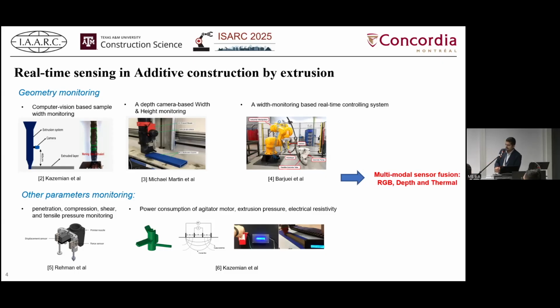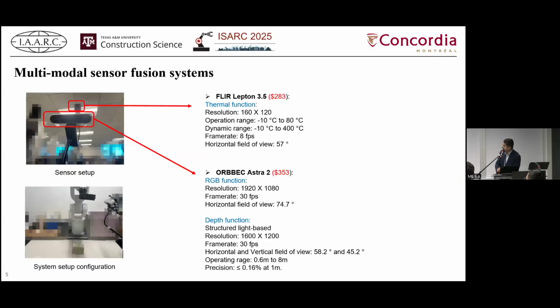What we saw was missing was temperature information, and this is potentially useful because when concrete cures, it's an exothermic reaction. So the speculation is that we should be able to tell how fast the layers underneath are curing if we are able to track the temperature. So we wanted to develop a sensor fusion system to be able to do that.